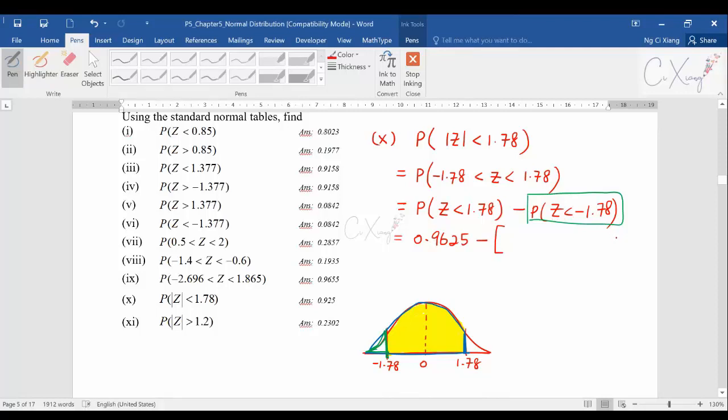Again, it is very similar to the example I discussed with you just now. So you need to take 1 minus z smaller than 1.78, which is 0.9625. If you do it this way, what I get is 0.925.